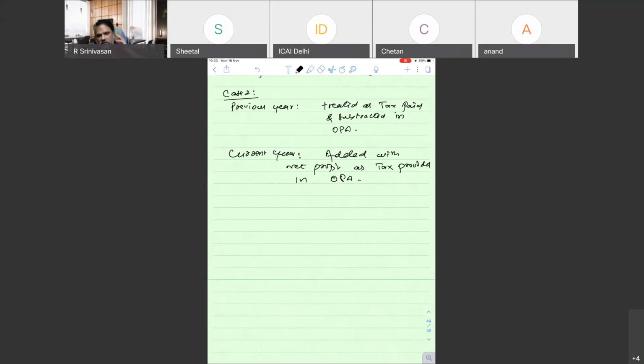In the previous year, we provided for the current year. So whatever we provided in the previous year, we have paid in the current year. This is the assumption we are making. Suppose this year is 2021. In 2019-20, you expected this much tax for 2021, so you provided in the previous year.